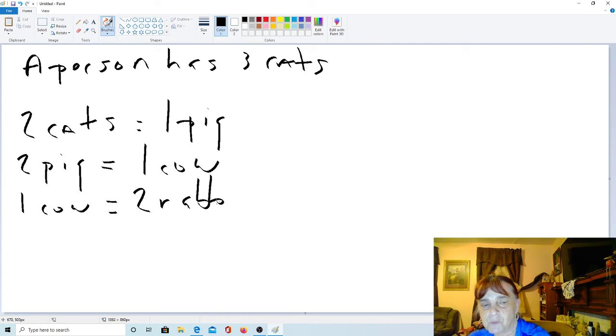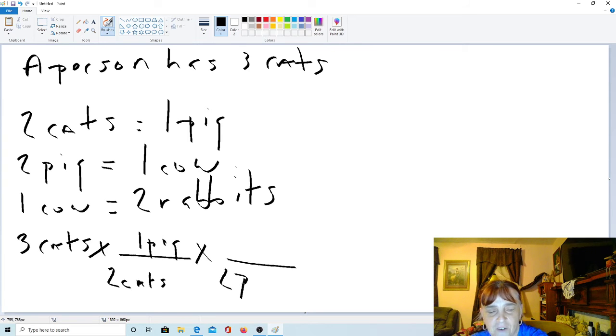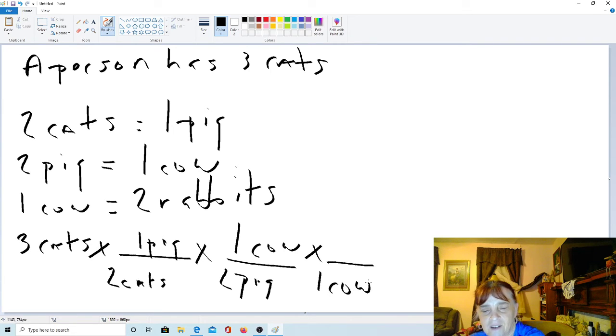And let's say that person wants to trade those cats for rabbits. So you have 3 cats, but a person has 2 cats for 1 pig, right? So that would be really 1.5 pigs. Okay, then you put your 2 pigs down here and 1 cow. And 1 cow has 2 rabbits.